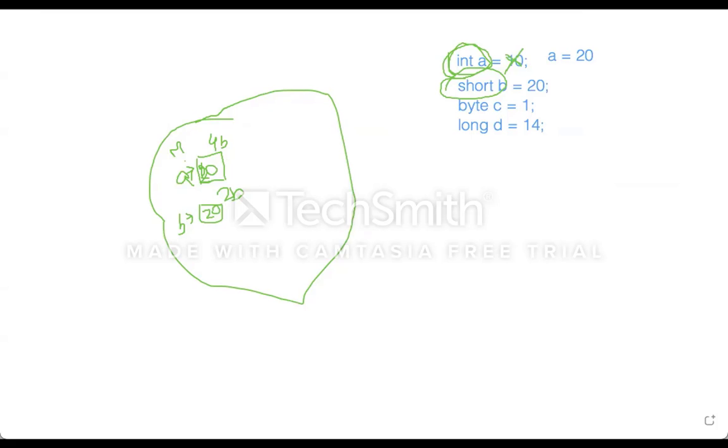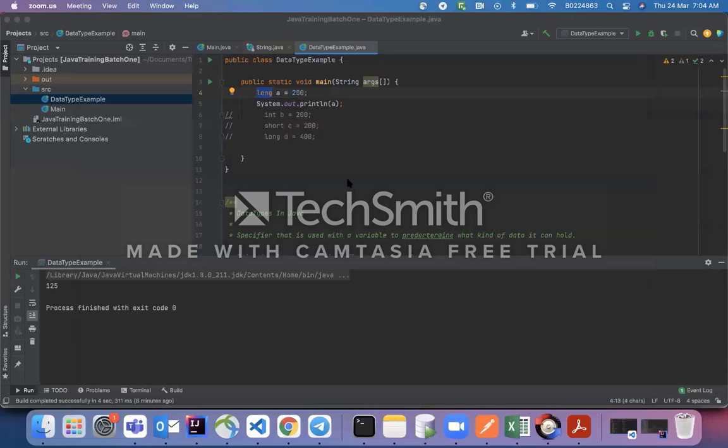So for example, I'll just stop sharing this and share my screen. Okay, so my integer is 200, and I printed 200. So what will be the output? 200.